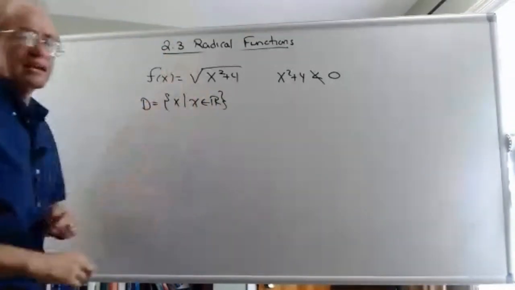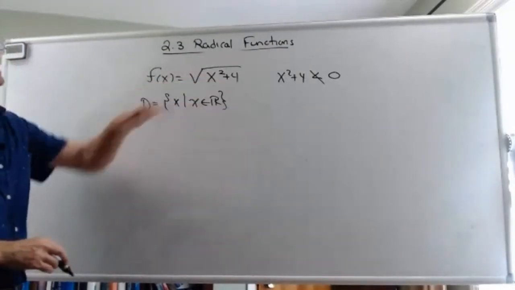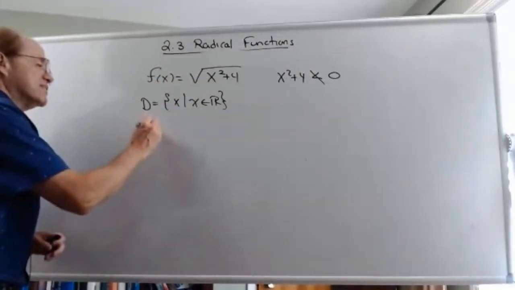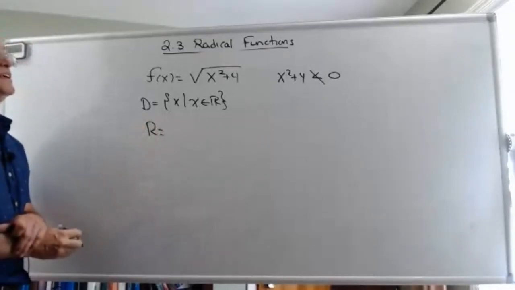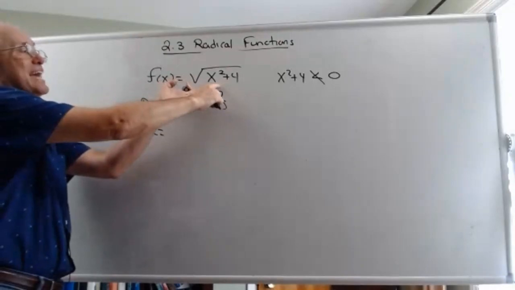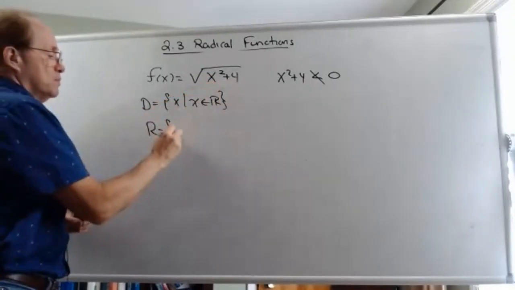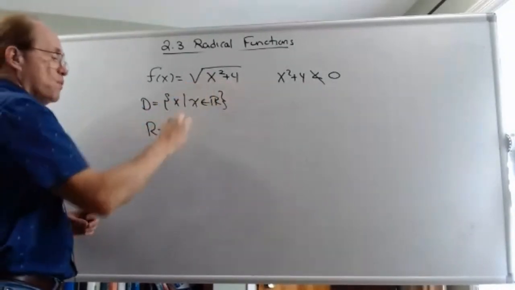We'll throw it into a graph and analyze it. This is a little bit different. This can never be negative under the radical. Now the range is a little more complicated. You may recognize that the smallest value this can take is when x is 0. So when x is 0, I get my smallest value, which is the y value, the square root of 4.